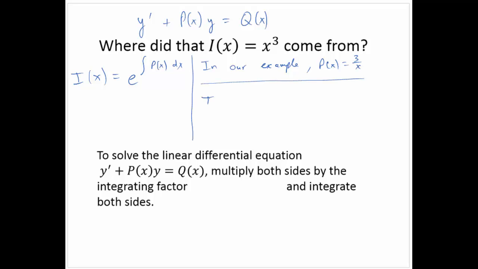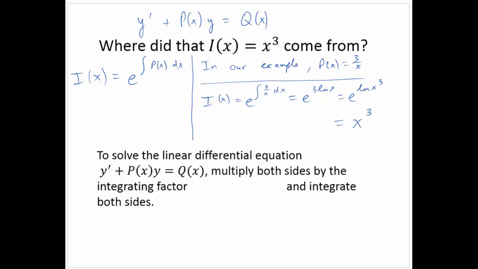So the integrating factor would be e to the integral of 3 over x dx. Integrating 3 over x gives 3 natural log x, which is the same as natural log of x cubed, and e raised to the natural log of x cubed is x cubed.